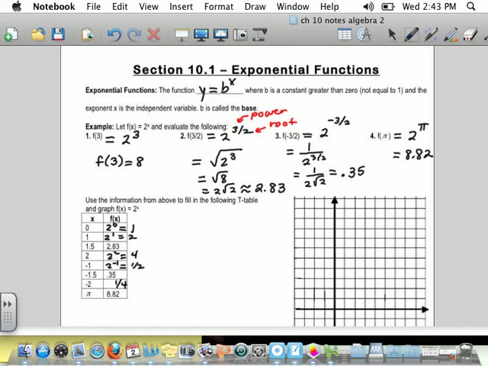And then pi shoots all the way up to 8.82. So like (3.14, 8.82). Okay, so those points are graphing out an exponential function. Looks like that.